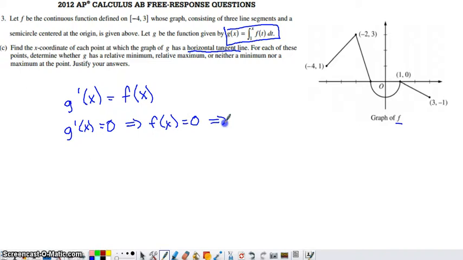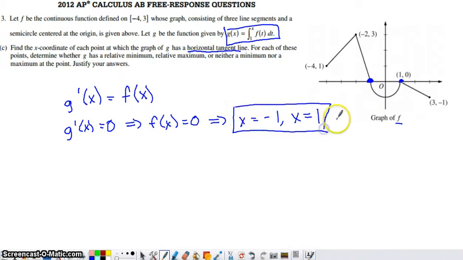And this happens at the x value of -1. The graph of f has a value of 0 at the x value of -1, and also the x value of +1. Then the graph of f is always below the x-axis. It does hit the x-axis there, but then it's back below. So these are the only two times when f of x is 0 and the only two times when g prime is 0. So we have horizontal tangents on the graph of g at these two locations.